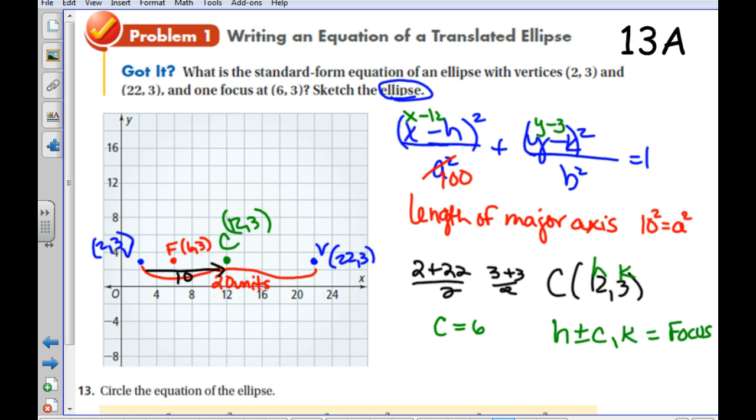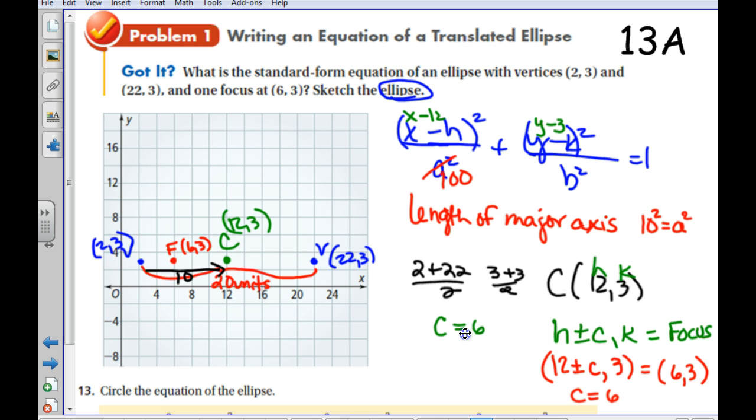So substituting in the values that I have, 12 plus or minus something, comma 3 became the focus, which they gave me as 6,3. So 12 had what subtracted to become a 6, guys? 6, yes? Okay. Made more sense conceptually to me that we went 6 units, but you could have figured it out by just writing this down and saying, well, that means 12 plus something, or 12 minus something became 6, so therefore it's 6.